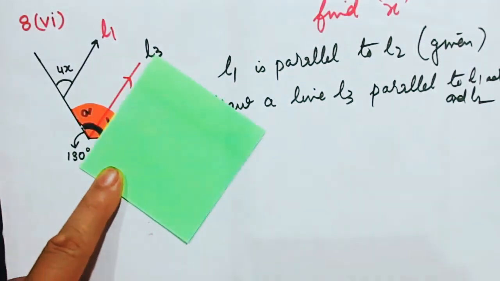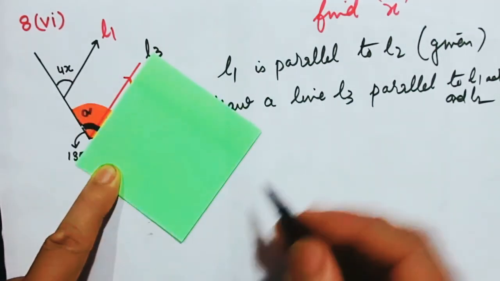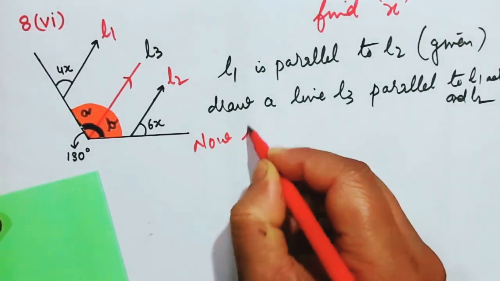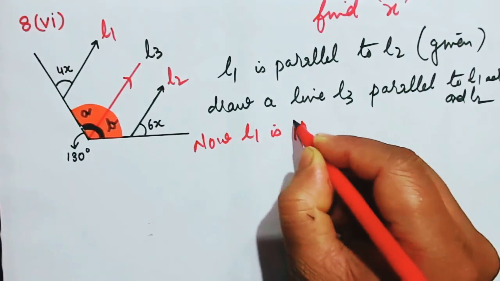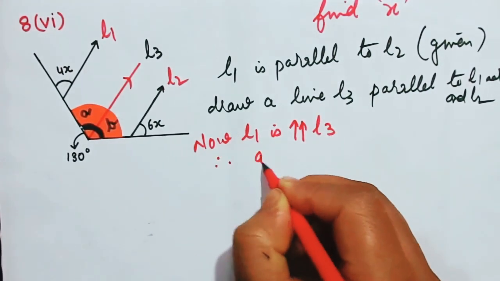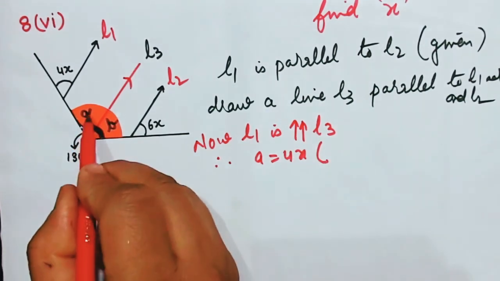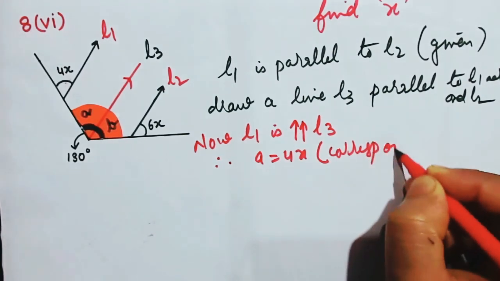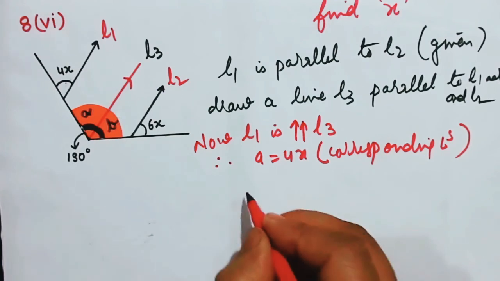So this A will be equal to 4x because L1 is parallel to L3 and they are corresponding angles.